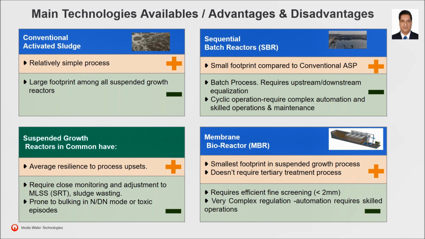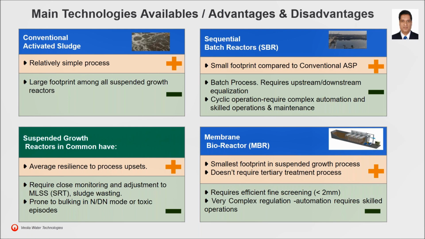So this shows average resilience to these fluctuations. There are common disadvantages associated with the suspended growth reactors: it requires close monitoring because it requires constant adjustment to the MLSS and the sludge wasting. So it requires more testing and monitoring.